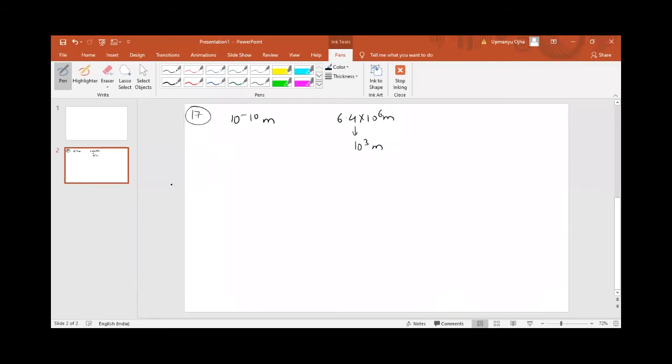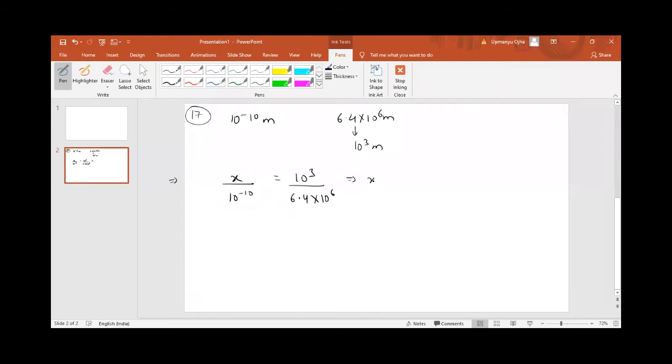So simply we can take the ratio here. The size of the nucleus in the given atom, that is x, by the size of the atom 10 to the power minus 10, should be equal to 10 to the power 3, the size of the nucleus when the atom is at the size of the earth, divided by the size of the earth.